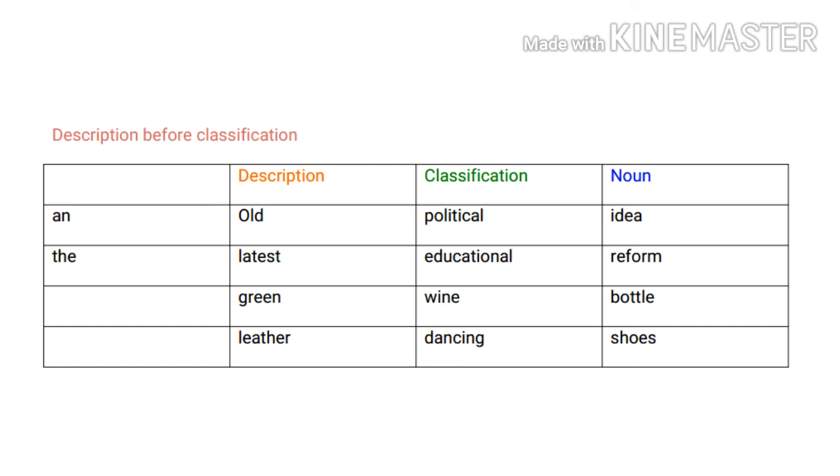Political is a classification. Latest is a description. And educational is classification. Green is a description. Wine bottle is used for classification. Leather, description. Dancing, classification. What purpose is it meant for?